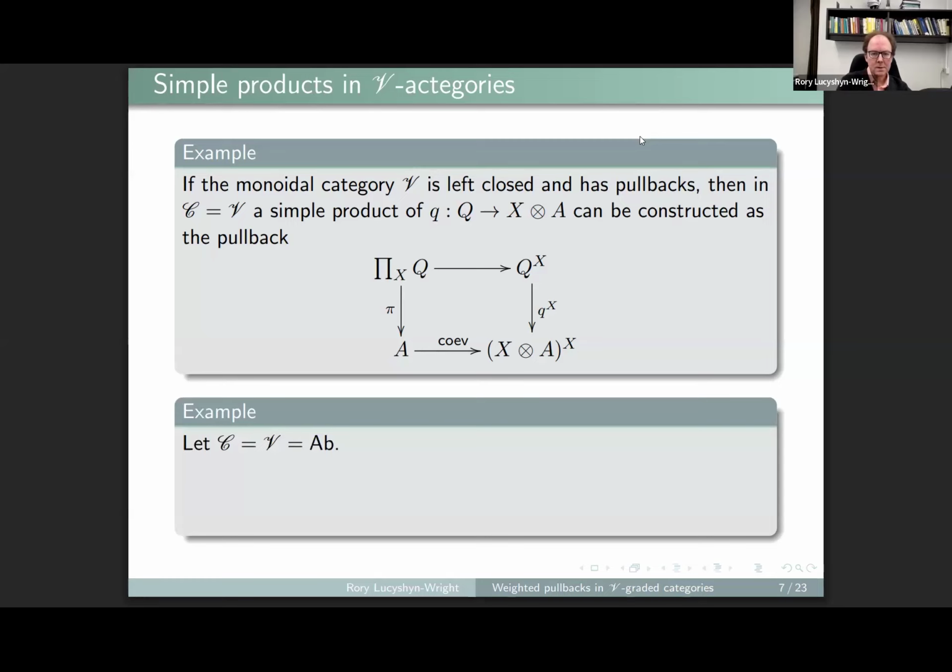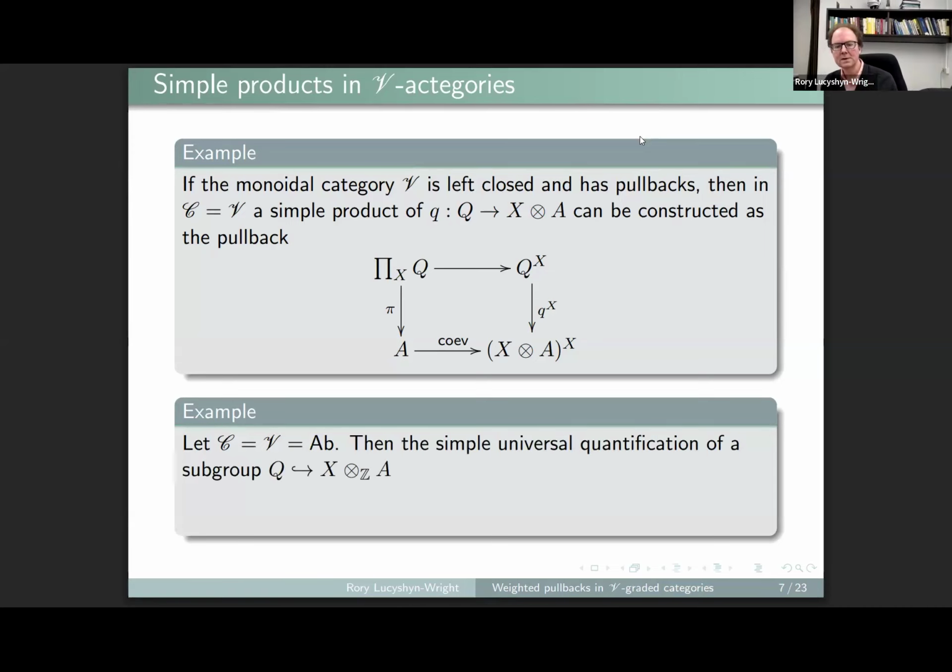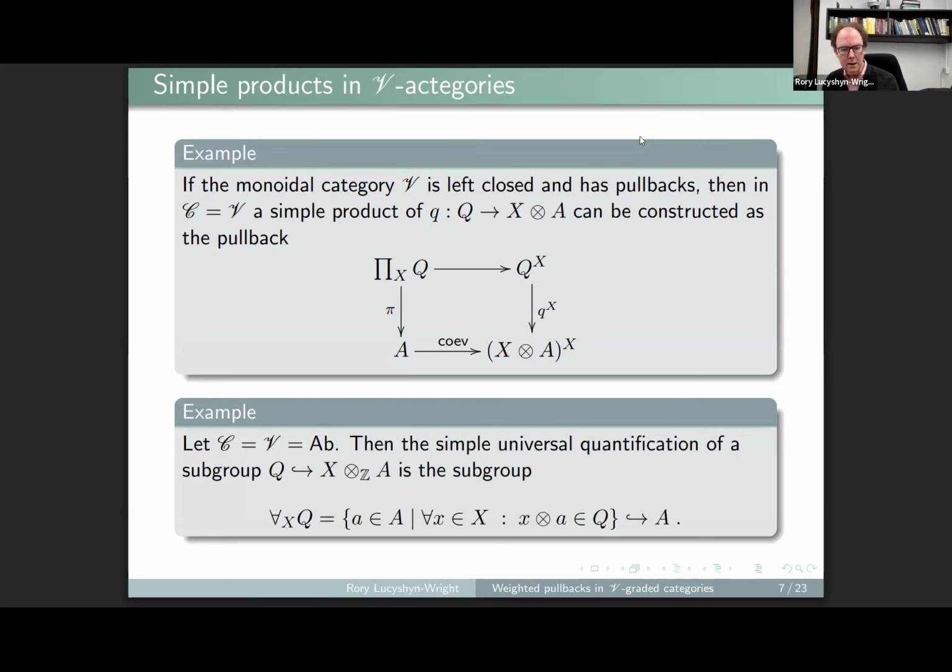All right. So we can apply this to familiar examples of monoidal categories. We can take C to be V to be the category of abelian groups and see what we get. Then the simple universal quantification of a subgroup Q of the tensor product of two abelian groups, X and A, is the following subgroup.